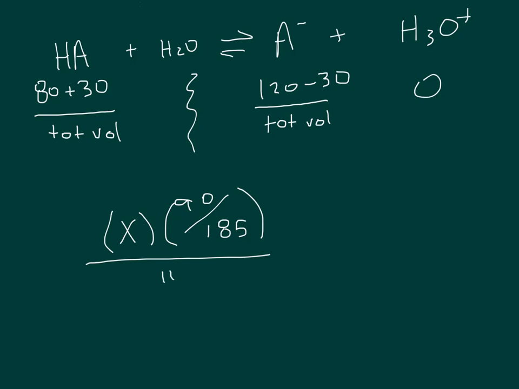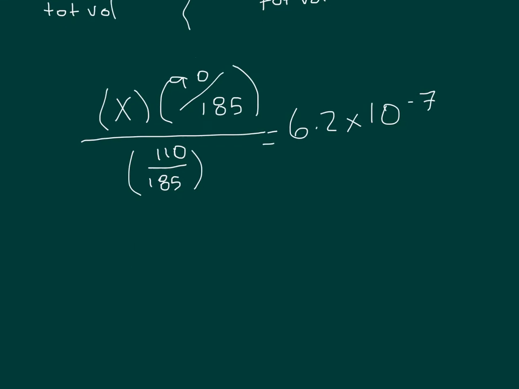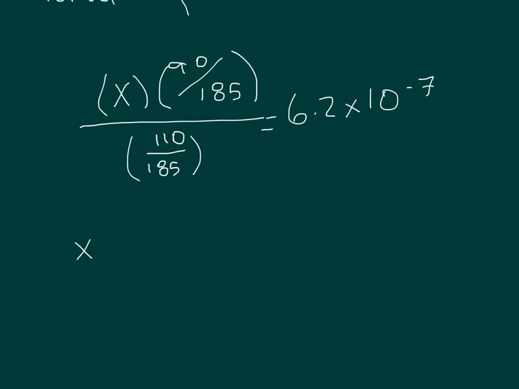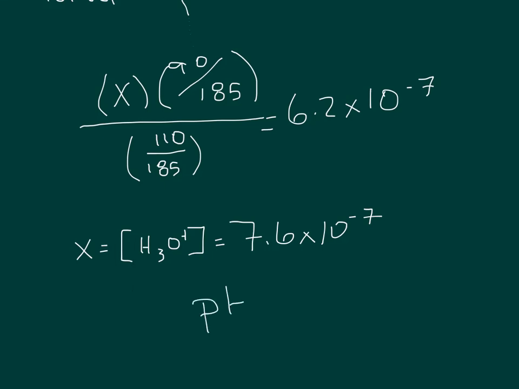I now have 110 millimoles of HA, in that same 185 milliliter volume. And this equals my Ka, which is 6.2 times 10 to the negative 7. When I solve for X here, because I've solved this as a weak acid problem, X is equal to the hydronium ion concentration, which is 7.6 times 10 to the negative 7, if I've done everything correctly. And that means I have an ultimate pH of 6.12.